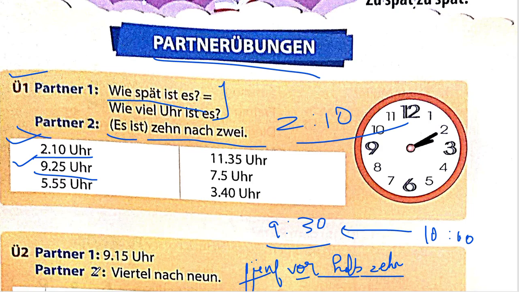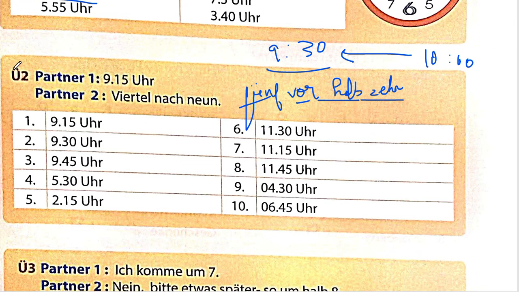As simple as that. Moving on to the next activity, Partner 1 says 9:15 Uhr. Viertel nach 9. Viertel is 15 minutes, kind of. So now what do we have to do? How to do this activity? Basically, here you will see mostly all of these are like 15 minutes or they have 30 in them.